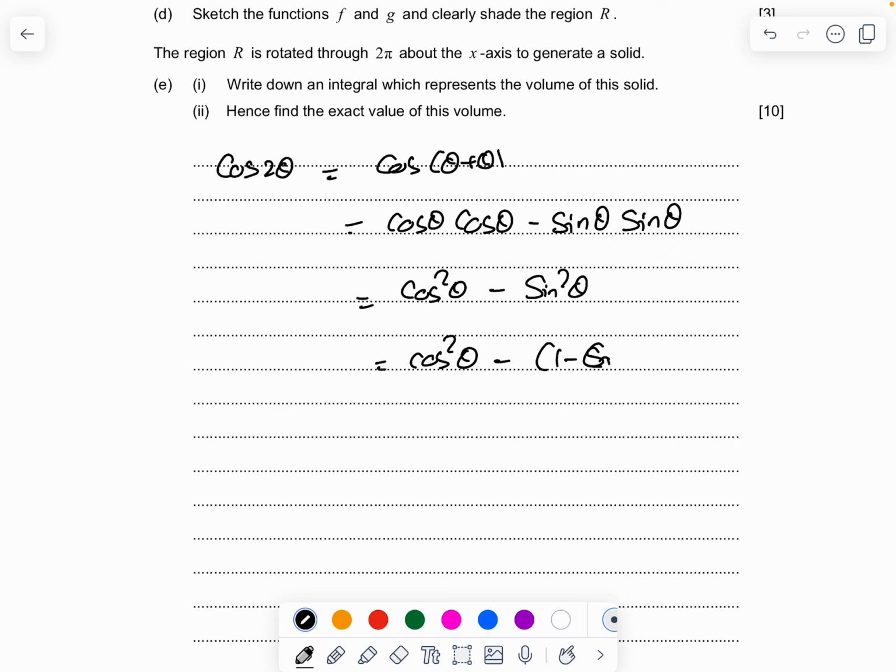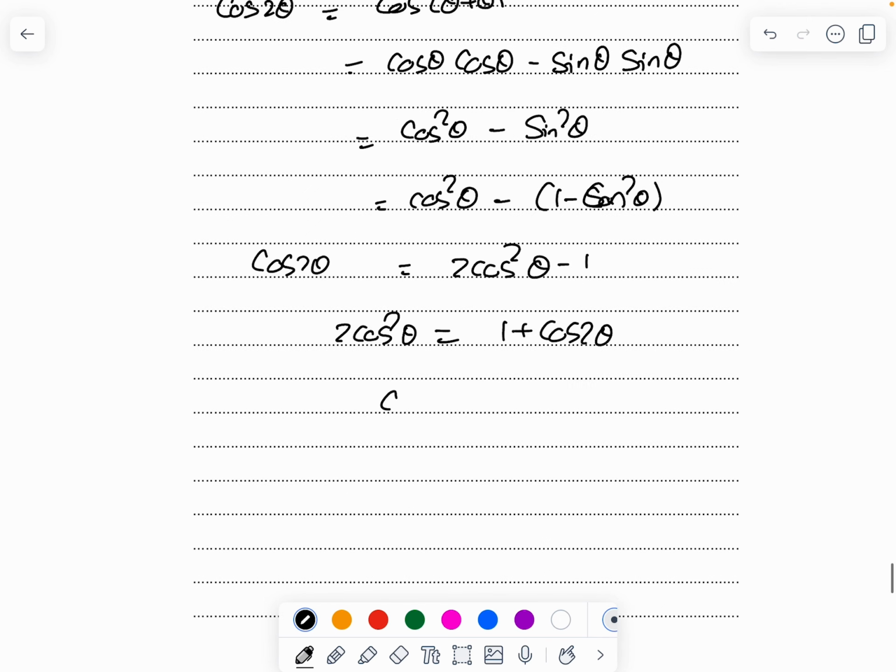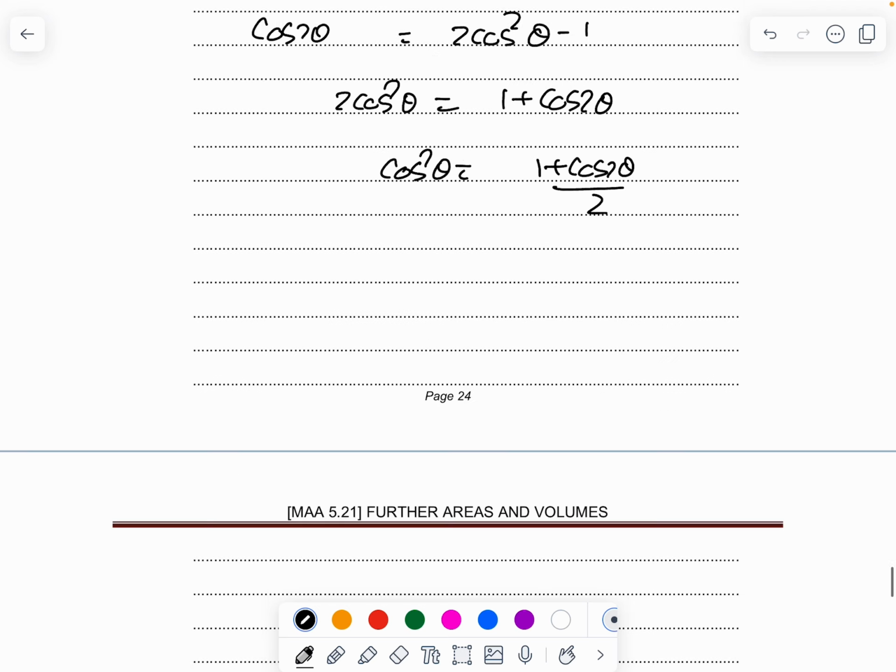Sin squared theta is 1 minus cos squared theta. So this becomes 2 cos squared theta minus 1. So 2 cos squared theta is 1 plus cos 2 theta. So cos squared theta is (1 plus cos 2 theta) divided by 2.